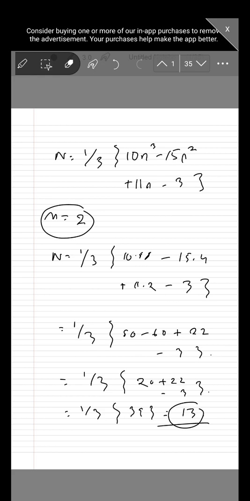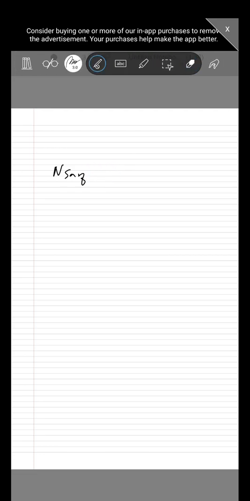And if we consider the surface atoms, the formula for surface atoms is n surface equal to 10n square minus 20n plus 12.